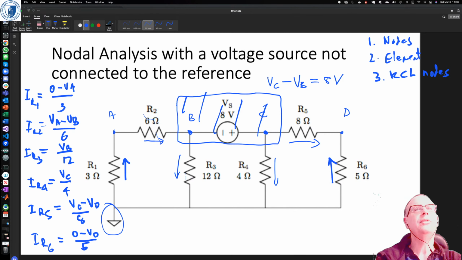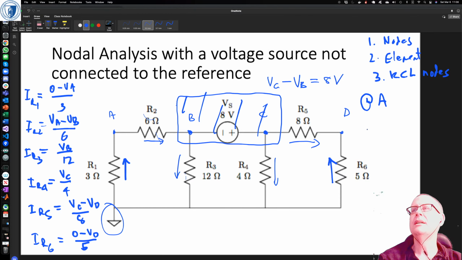two normal nodes at A and D, and then a supernode where we've combined B and C. So let's start at A. At A, we've got IR1 minus IR2 equals 0.